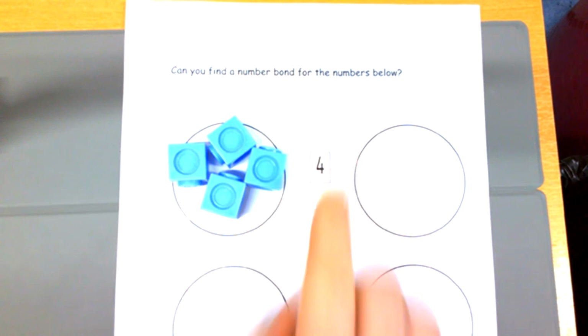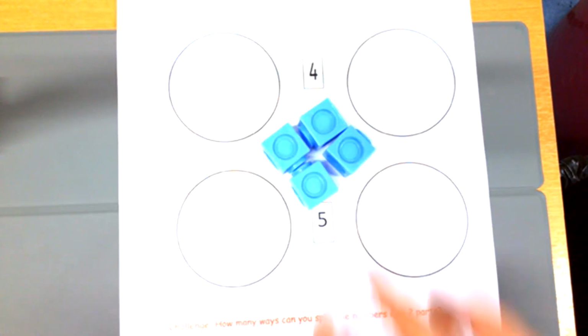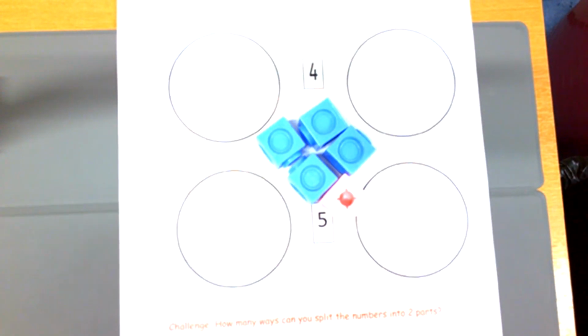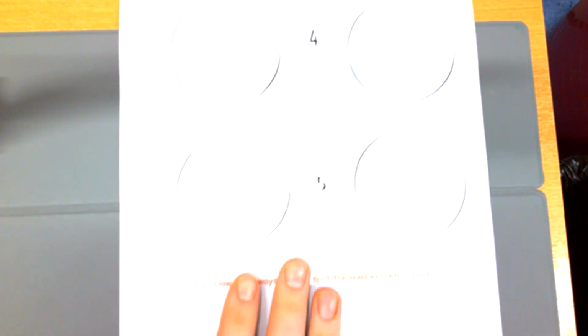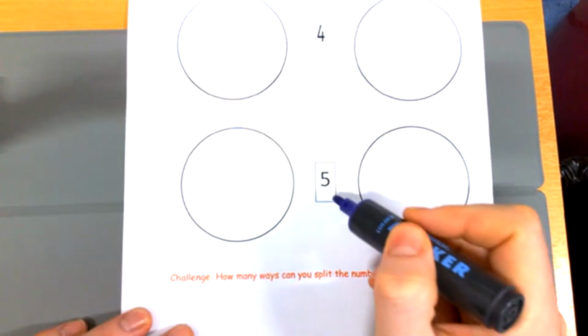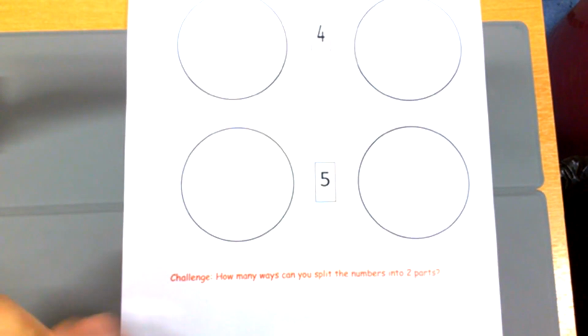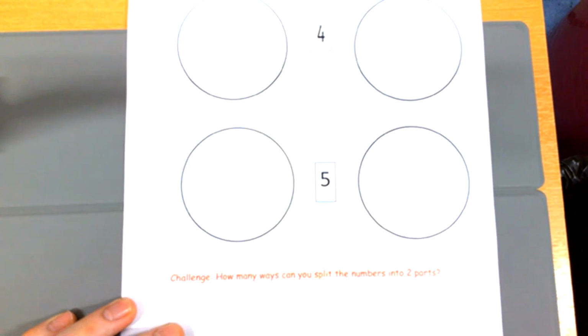Okay, so once you finish with 4, boys and girls, you can move on to 5. So you could use your cubes, or you could use a pen. So I will show you how I'm going to do it with a pen. So how many dots do I need? I need to do 5 dots.